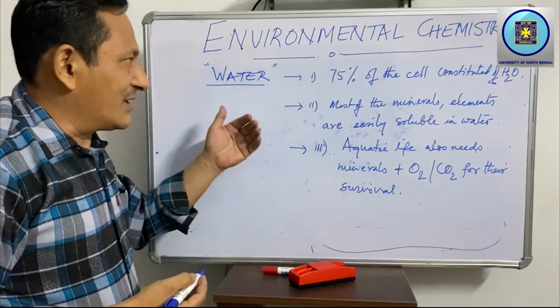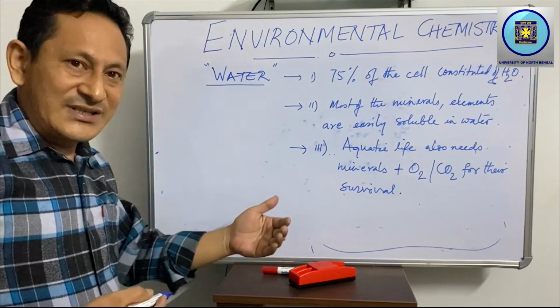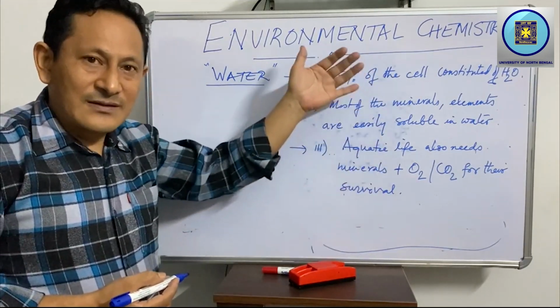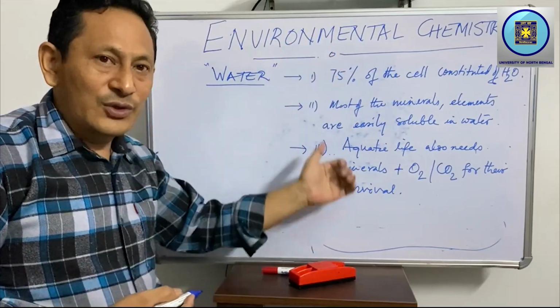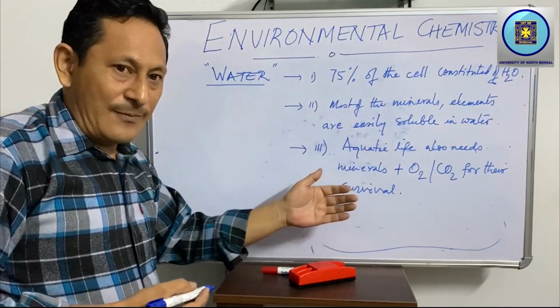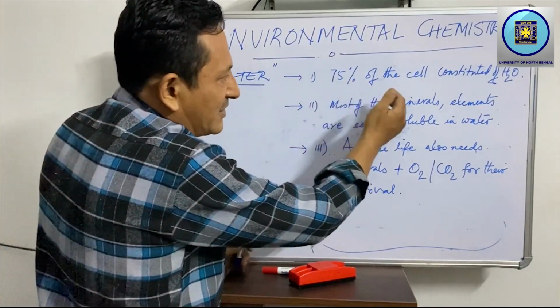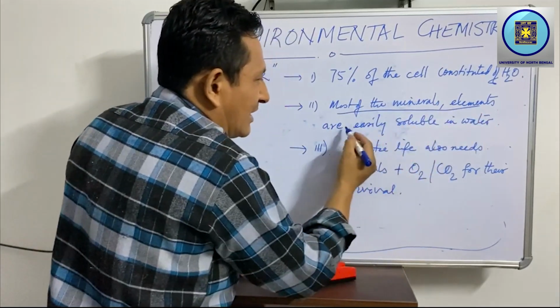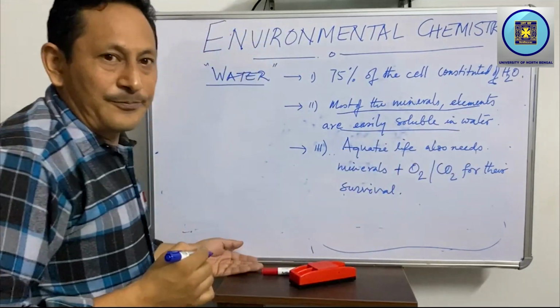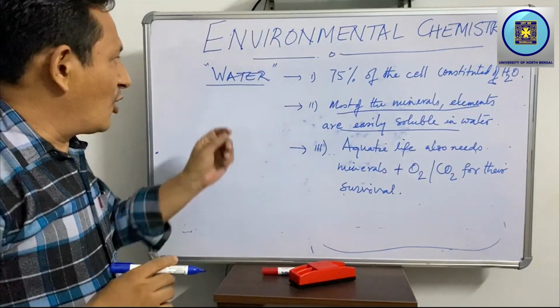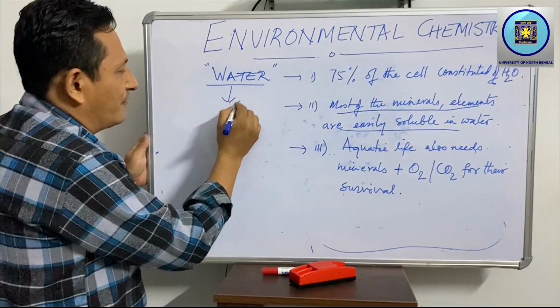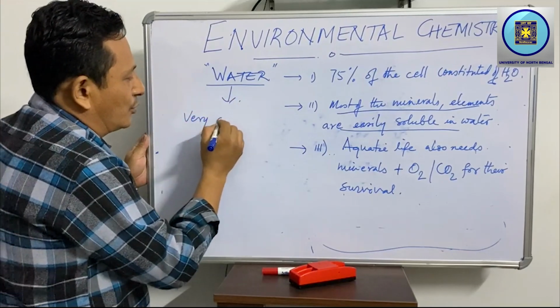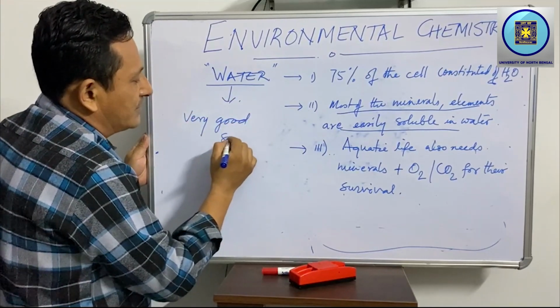Next, we need to understand why, for the existence of this life, we really need water. The point I have specified here is very important. Most of the minerals and elements are easily soluble in water. This means that water acts as a very good solvent.